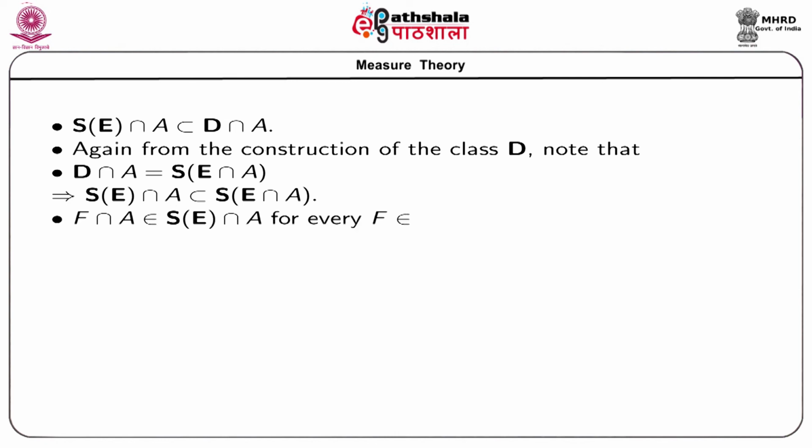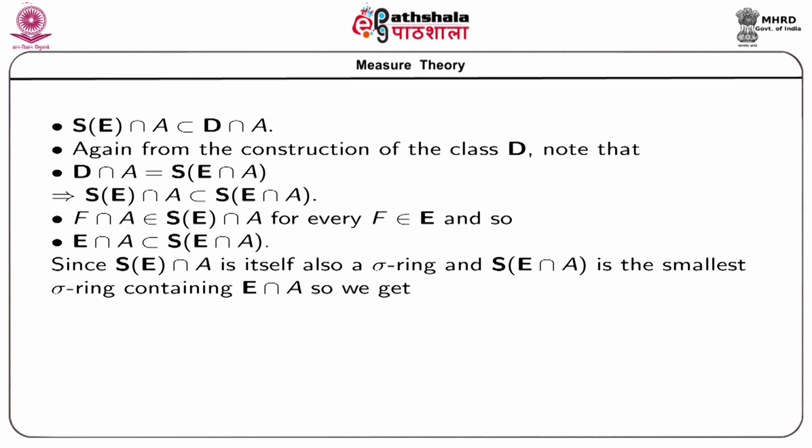Now, observe that for every F belonging to the class E, F intersection A belongs to S E intersection A, since E is a subset of S E. So, this shows that E intersection A is a subset of S E intersection A. Now, since S E intersection A is itself a sigma ring, because we can actually show that if S is a sigma ring and we take the intersections of all members of the sigma ring with a fixed set, then the resulting class is also a sigma ring.